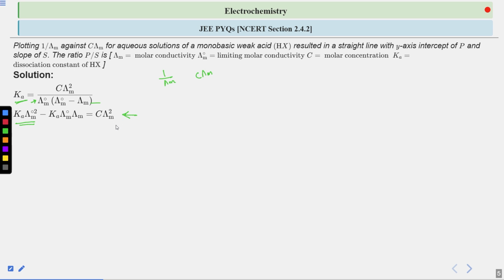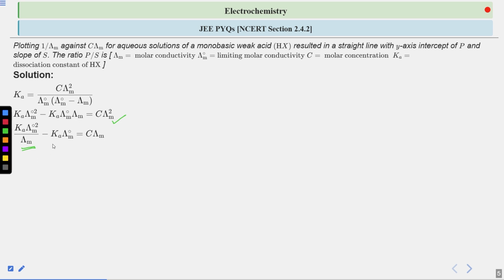Now we try to simplify it more. What we will do is take one lambda m from the right hand side to the left hand side and divide by it. Here lambda m is in multiplication, so when it goes to the left hand side, it will go in the denominator of the overall equation, right? So it will become Ka lambda m naught square upon lambda m minus Ka lambda m naught lambda m upon lambda m.